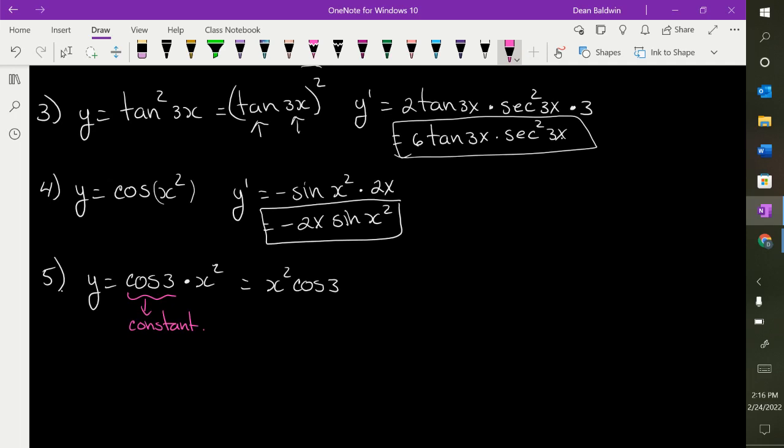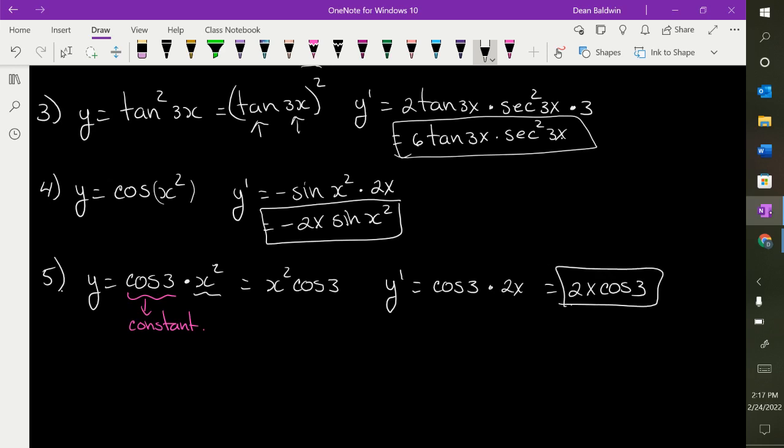So we just ignore it. You can pull constants inside and outside. So we go, okay, well, y prime, I can pull cos of 3 out. And this, do the derivative of x squared, which is 2x. So the answer is, well, you could write 2x cos of 3. I mean, the order is kind of irrelevant, but 2x cos 3. That's it.